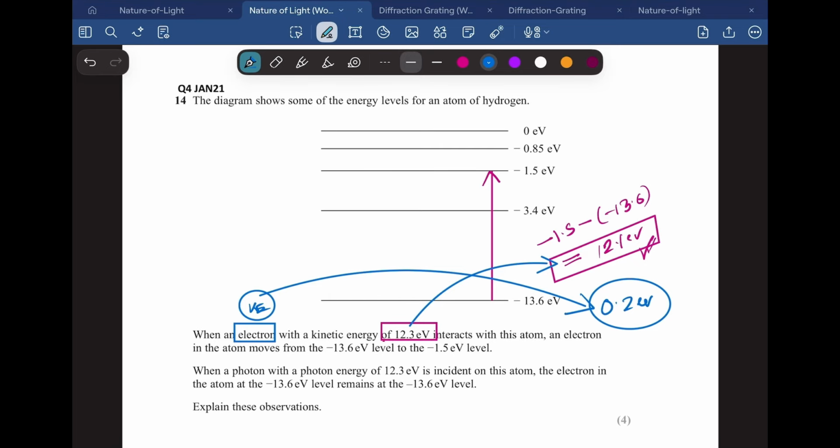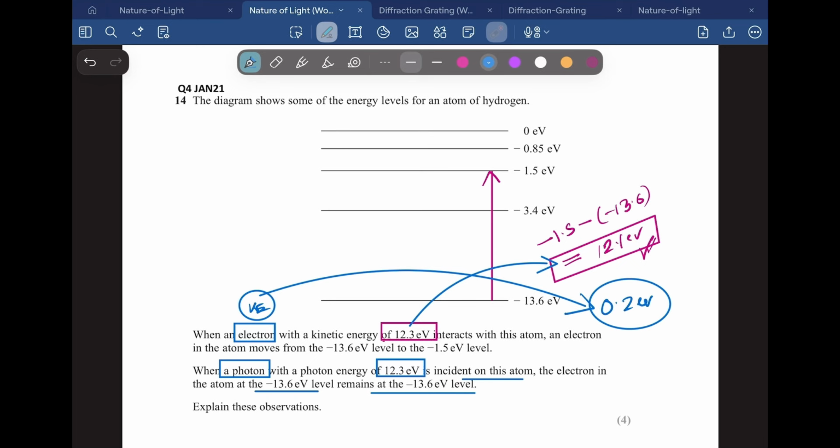In the next part it says, when a photon with a photon energy of 12.3 electron volt is incident on this atom, the electron in the atom at minus 13.6 electron volt remains at minus 13.6 electron volt. Yes, this is because there is a criterion for the photon.